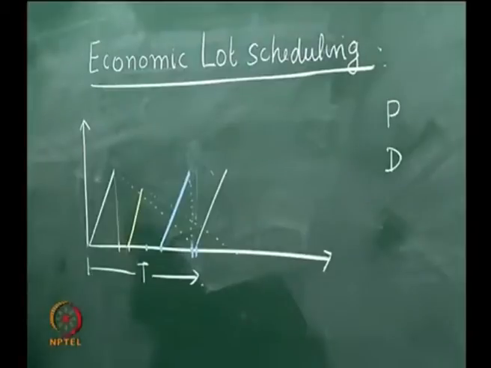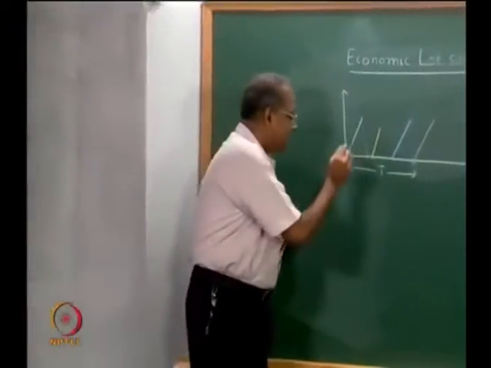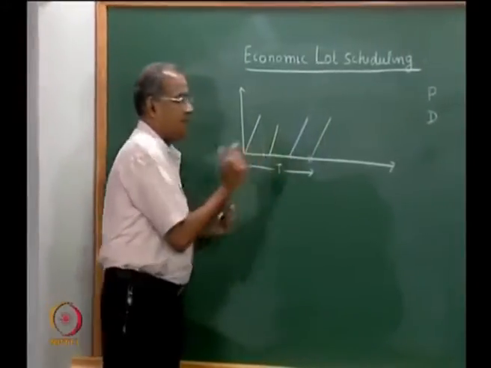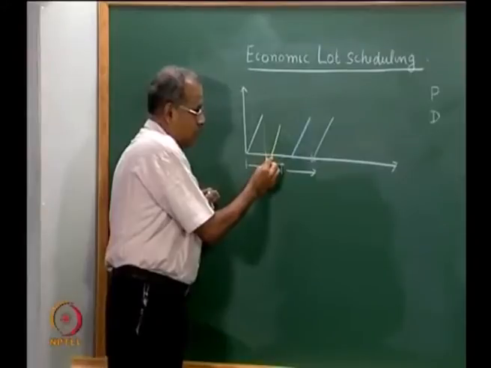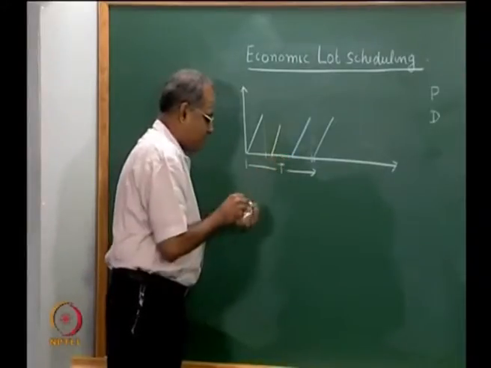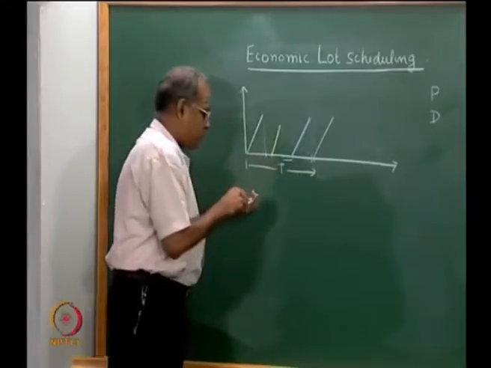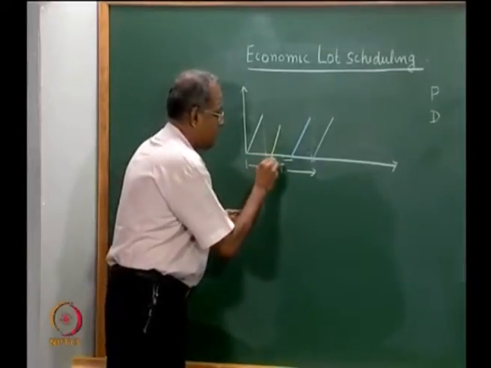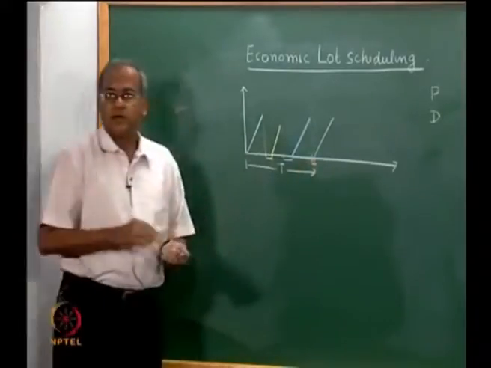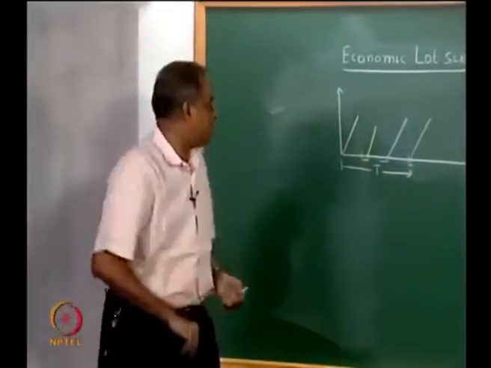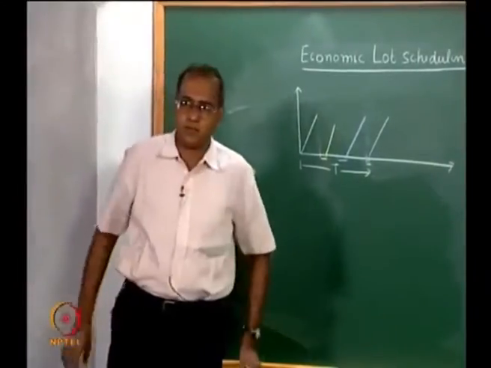The reason why it is not order dependent is because the time to change over, or setup as we call it, which is this time to change over to yellow, this much time to change over to the blue, this much time to change over to the yellow, and this much time to change over to the white, depends only on the succeeding job and does not depend on the preceding job.